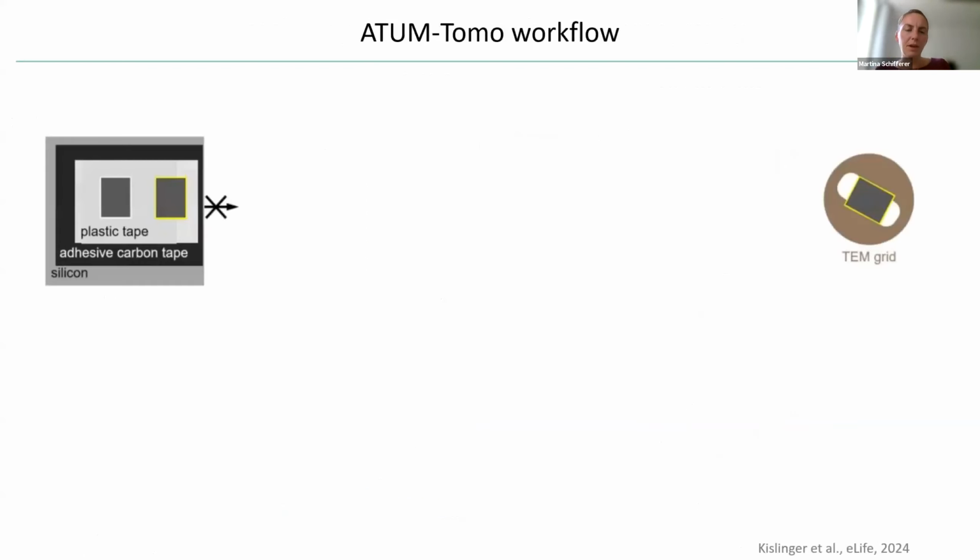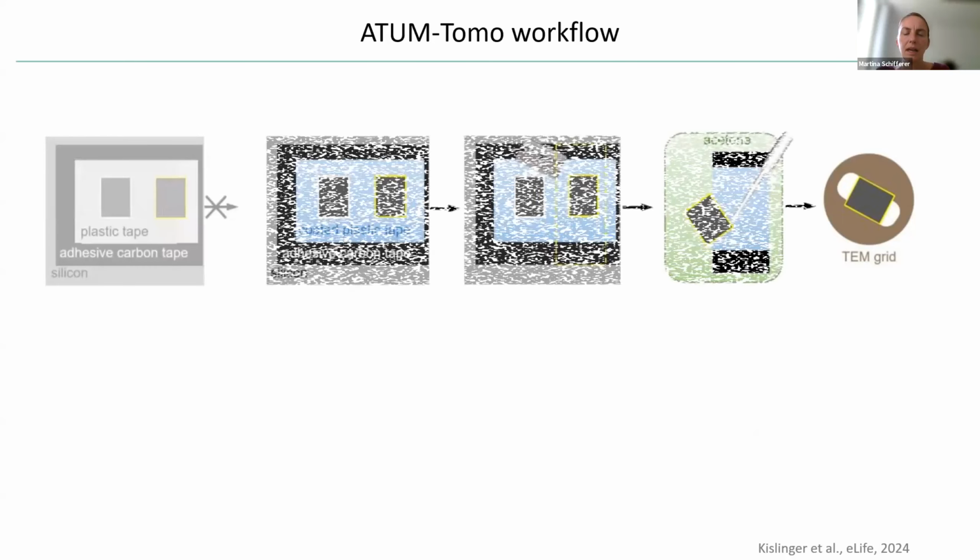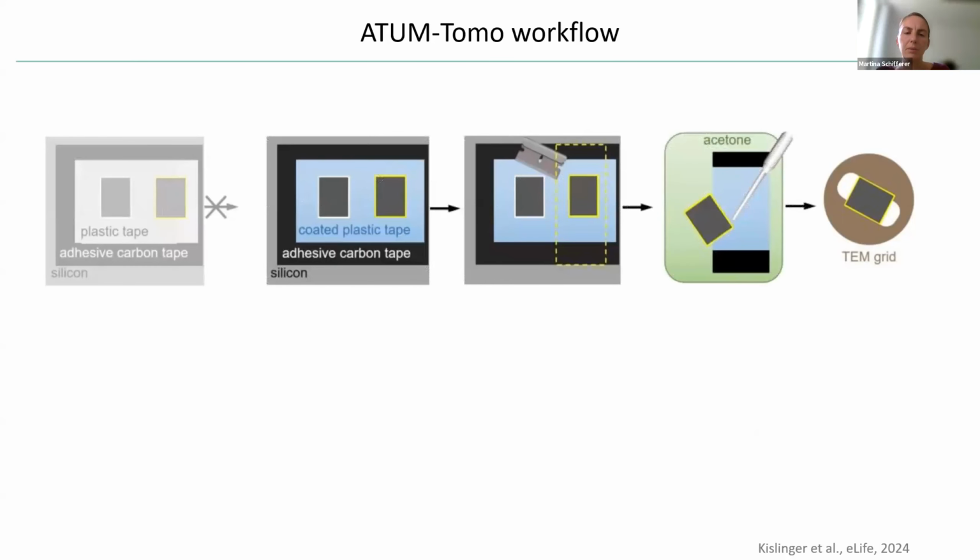What we tried first was to get the section off the plastic tape onto a grid, because that's required for TEM tomography. But there was no way to get it off with any chemicals or physical means. That's why we now use coated tape.